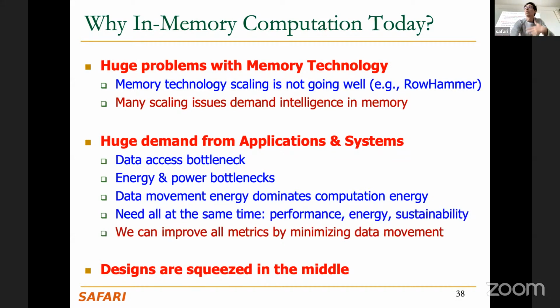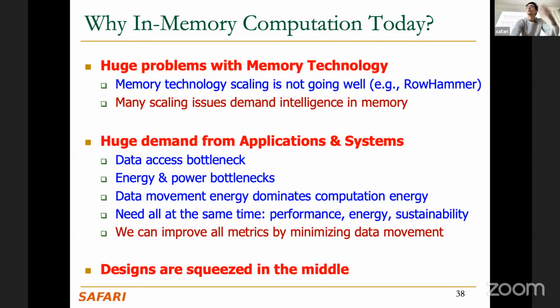Applications are more and more demanding in terms of data, in terms of accessing data, and that increases the bottleneck, the amount of cycles spent on accessing data from memory and the storage, and the energy consumption that comes with that. And the designs are squeezed in the middle.